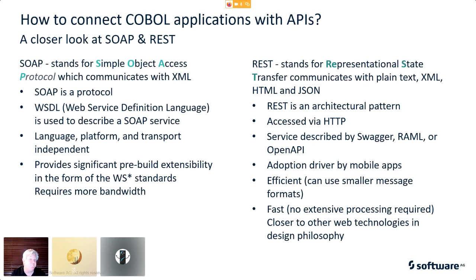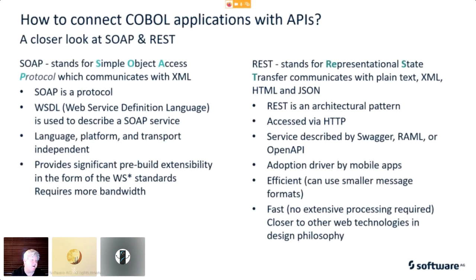So it's an architectural pattern. There isn't a defined protocol. So one of the bonuses, it's accessed via HTTP, so it means it's TCP enabled. It's a little bit easier to use. Unlike SOAP that has a single defined standard, it can be described by a variety of different methods: a Swagger document, a RAML document, or now a growing initiative is the Open API. This was originally driven by mobile apps.